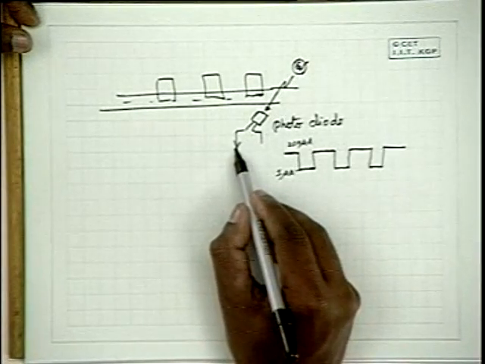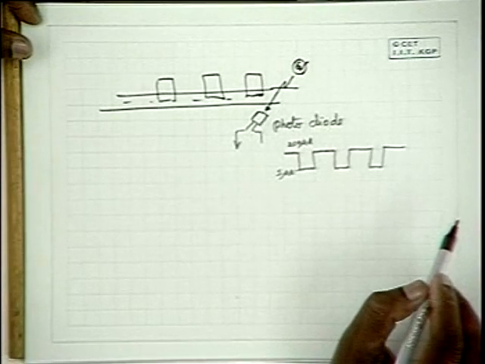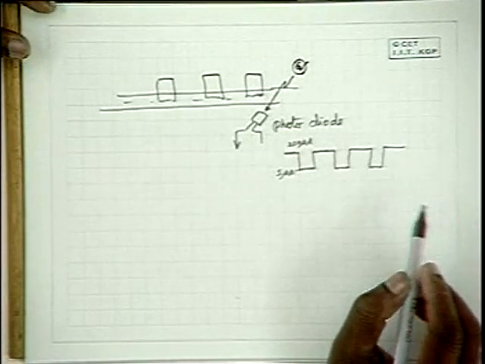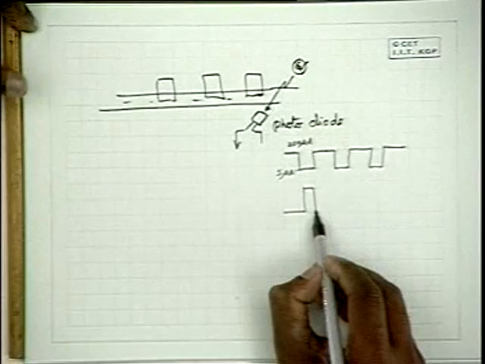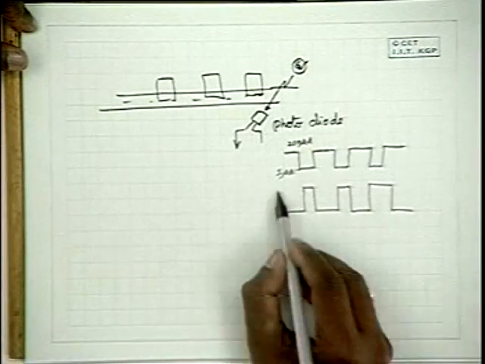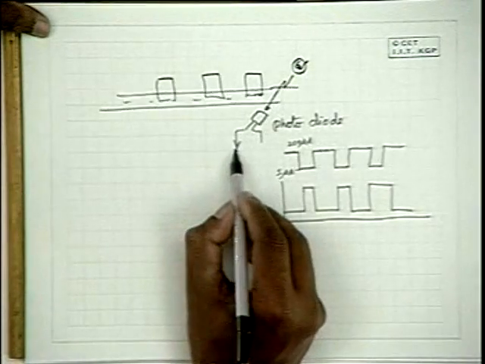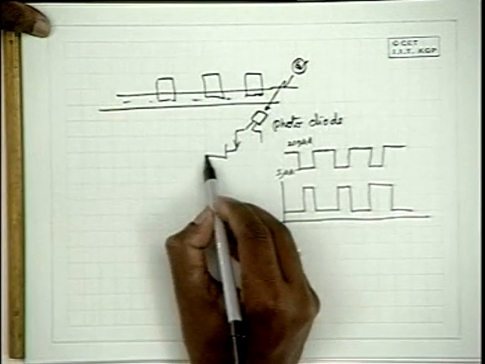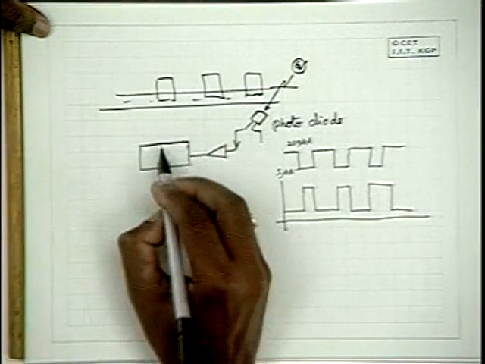Then if you pass this current through a resistance, you have a voltage of this type appearing across the resistance. If you further amplify it, using an amplifier, you have sizable voltage pulses appearing like this. After amplification, you pass it through an electronic counter.